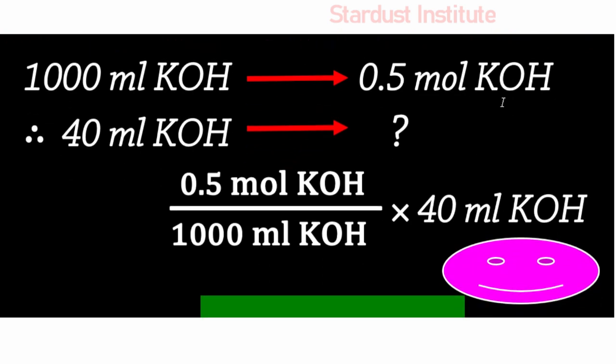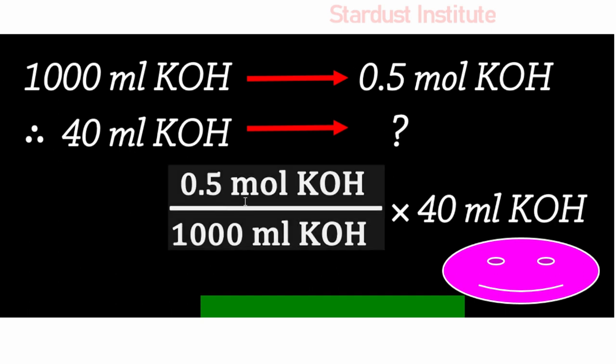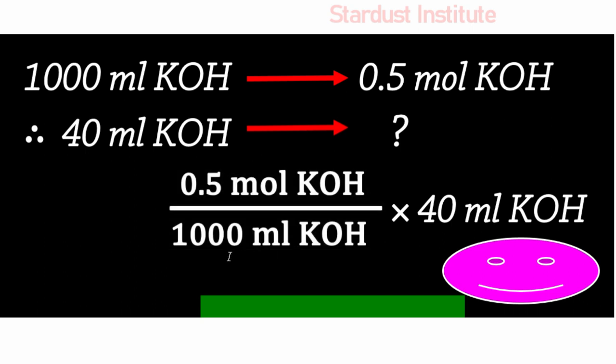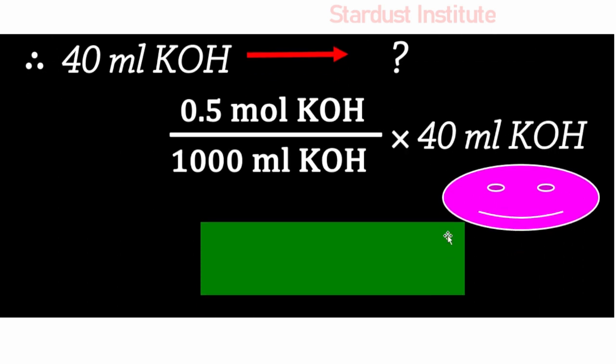0.5 mole KOH divided by 1000 milliliter KOH multiplied by 40 milliliters KOH.